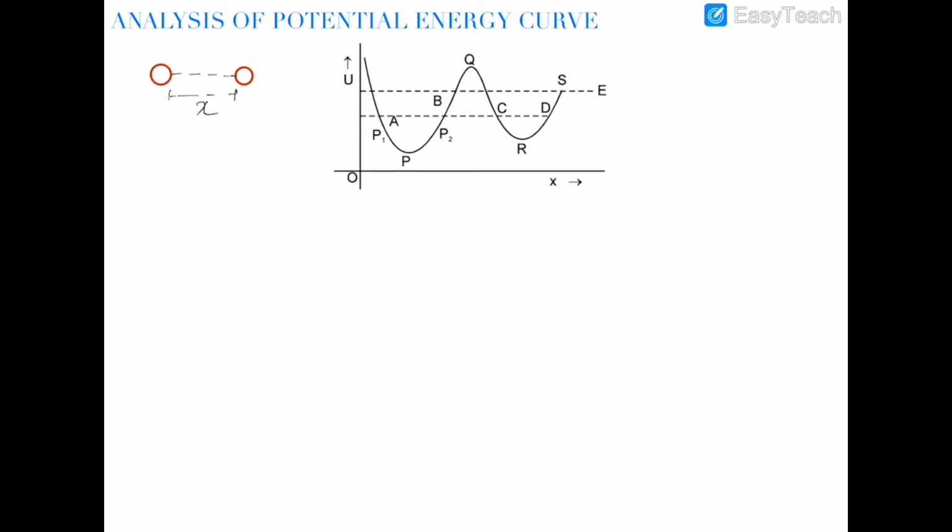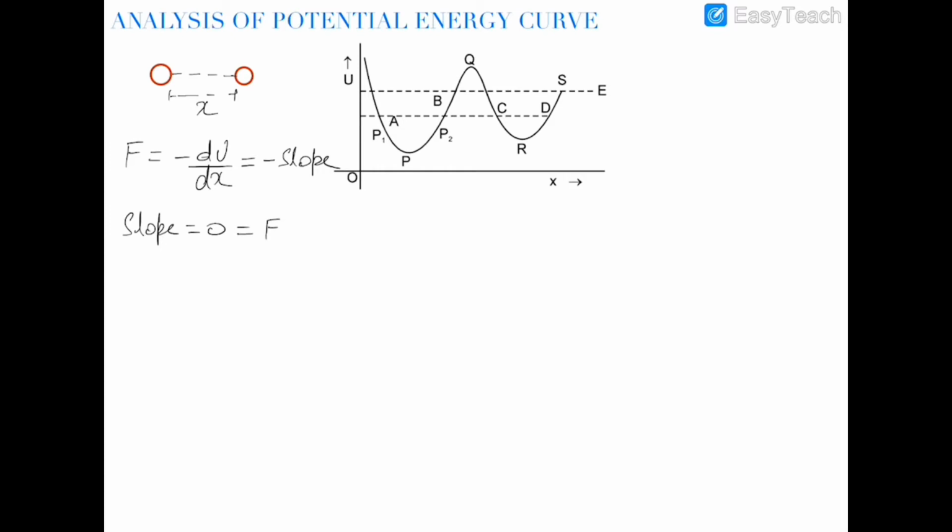Now first of all we need to identify the points of equilibrium, and we know that F is equal to minus dU by dx, which is the negative of the slope of this graph. So the points where the slope is zero are the points where the force will also be zero.